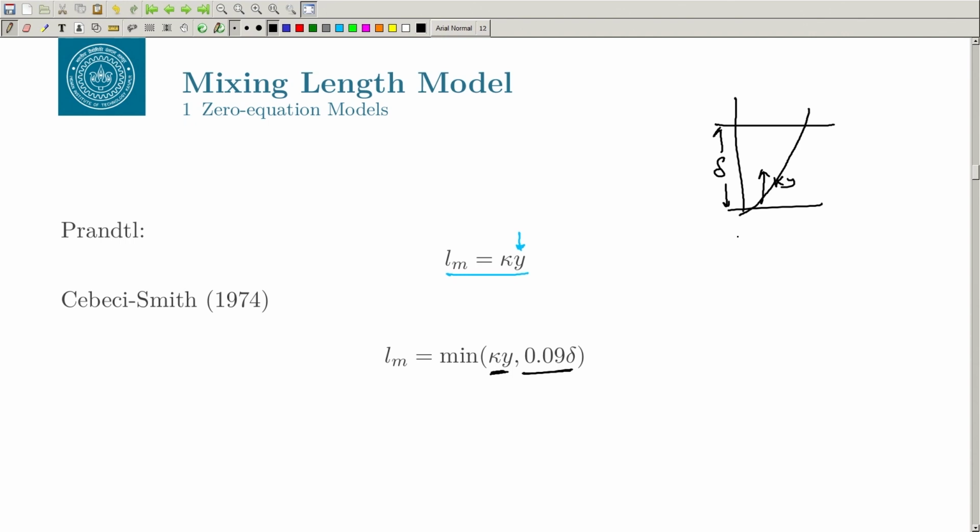Then you can take a measure from kappa y as well as 0.09 of the delta, and take whichever is the minimum for getting the eddy viscosity. This is the model proposed by Cebeci and Smith, and it has shown some improvement over the Prandtl mixing length model.